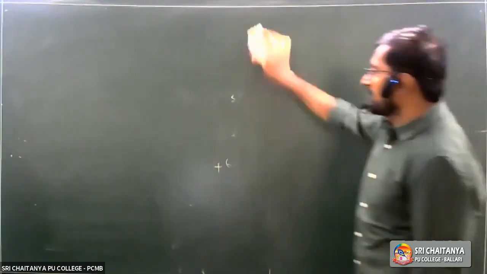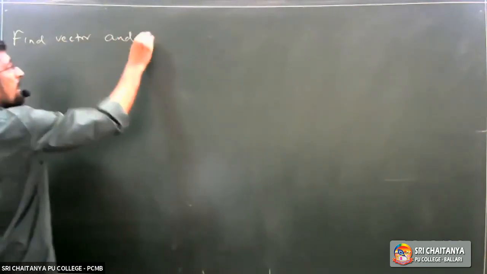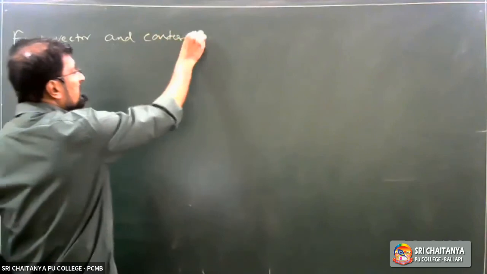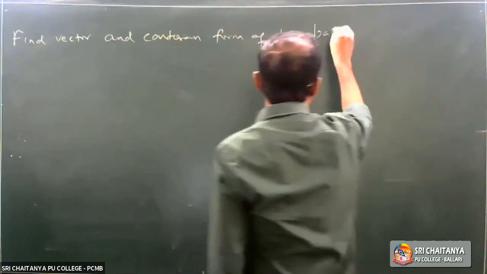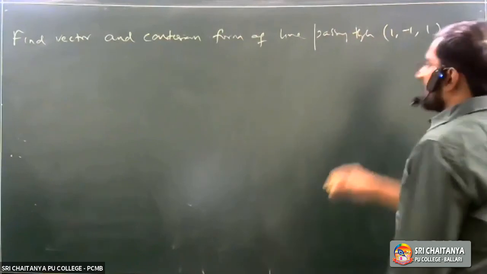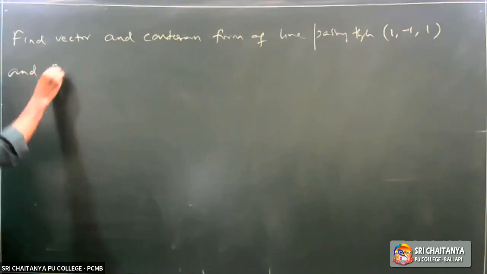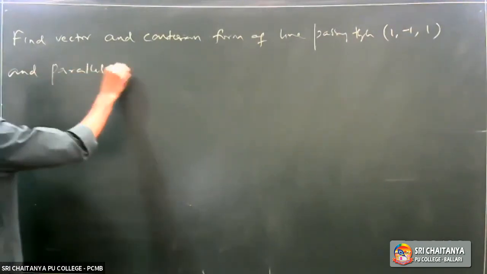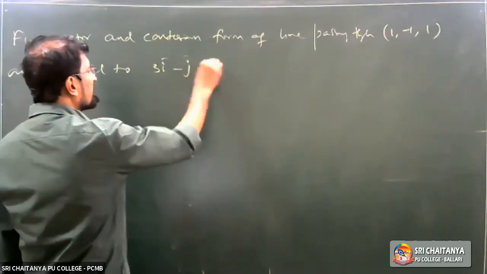Find the vector and Cartesian equation of the line passing through the point 1 comma minus 1 comma 1, and parallel to 3i minus j plus 2k.